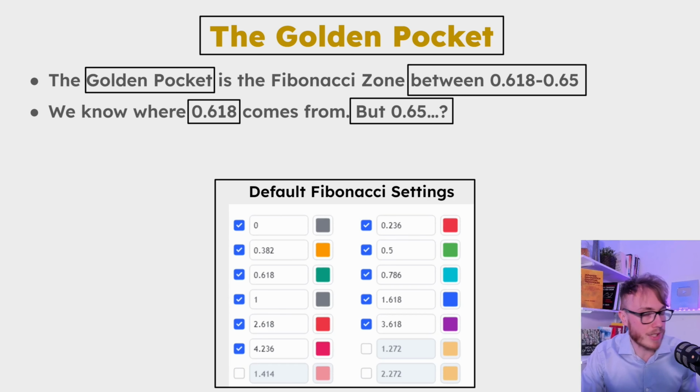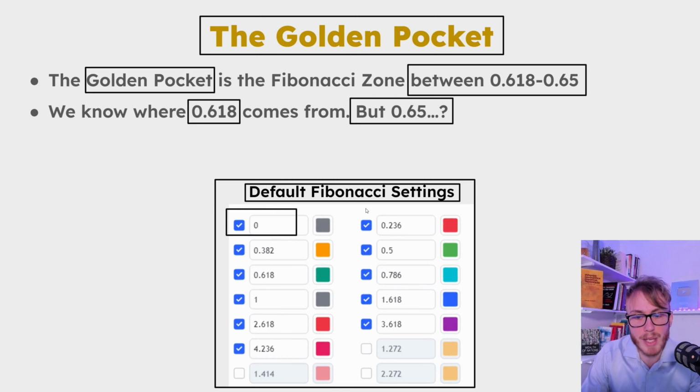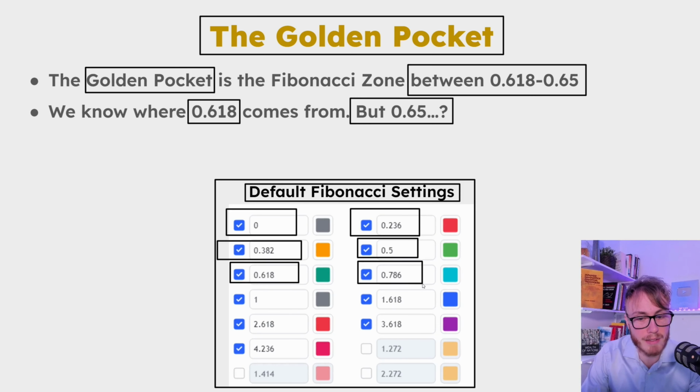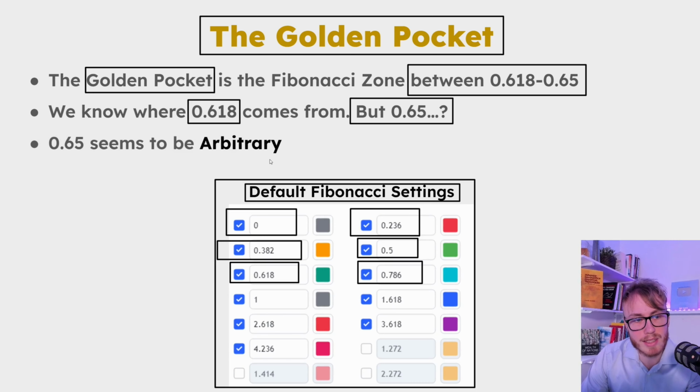For example, if we take a look here at the default Fibonacci settings, so the settings for the Fibonacci tool, you can see that we have no level here that is 0.65. So in order to have the golden pocket, you need to change the settings on your own. But you might not want to do that because it seems like 0.65 is pretty much arbitrary.